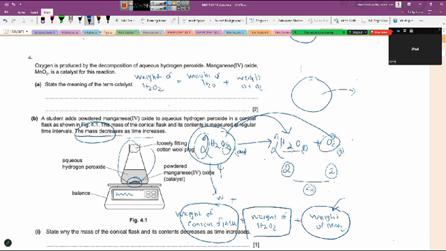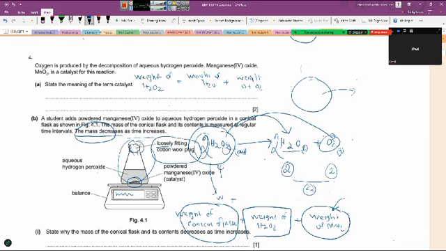Now if you look at this labelled diagram, they are telling loosely fitting cotton wool plug, right? Loosely fitting means there might be some gaps in the stopper of this mouth. So the mouth of the conical flask has been stopped using this loosely fitting cotton wool plug. So there may be some small gaps through which the oxygen gas may escape.